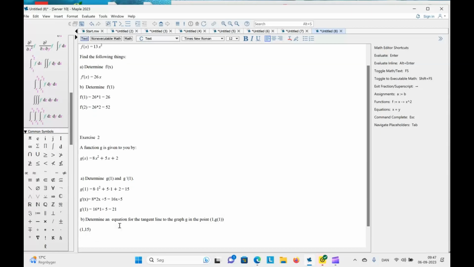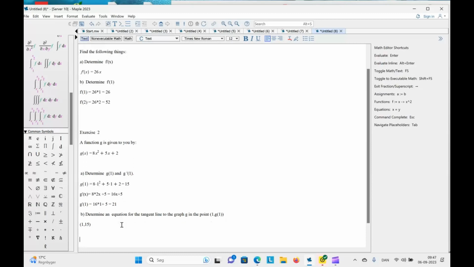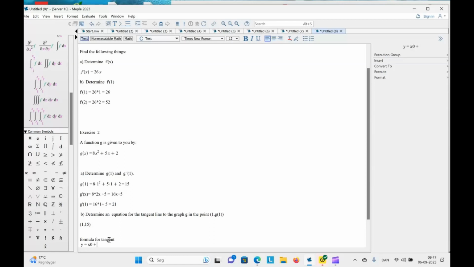So we need to determine an equation for the tangent line. The formula for a tangent line is, we call it just y, y0 plus a times x minus x0.